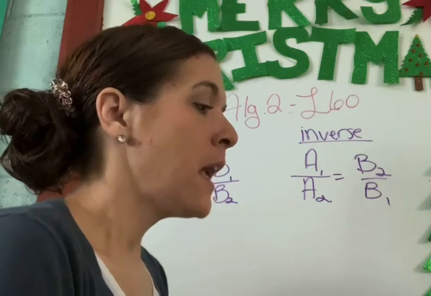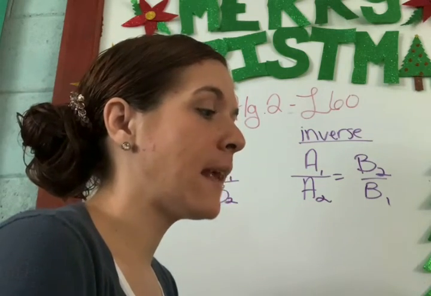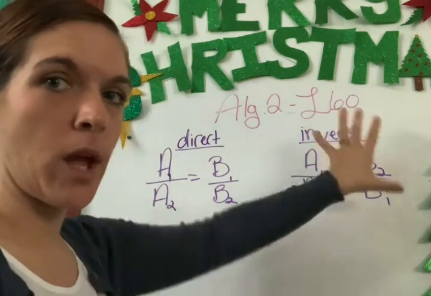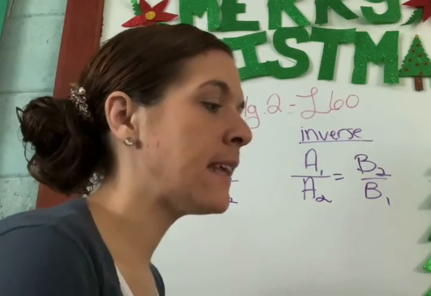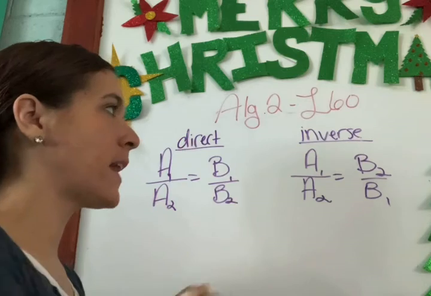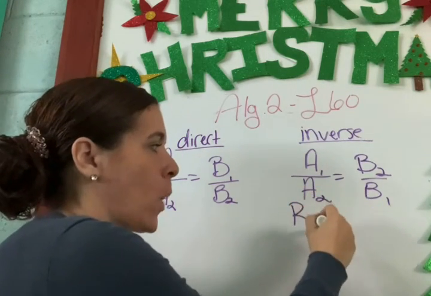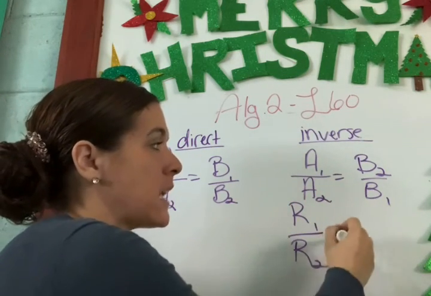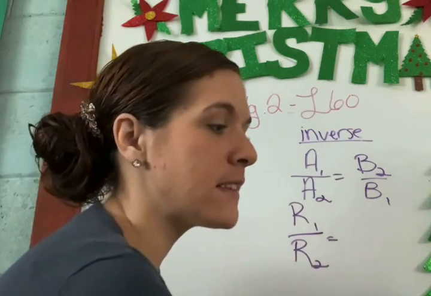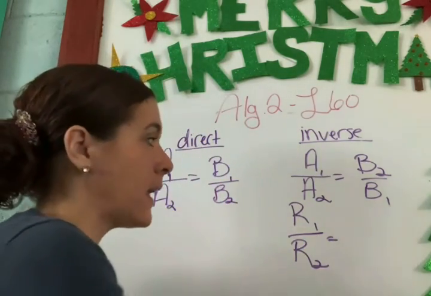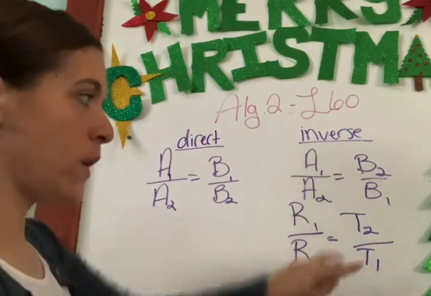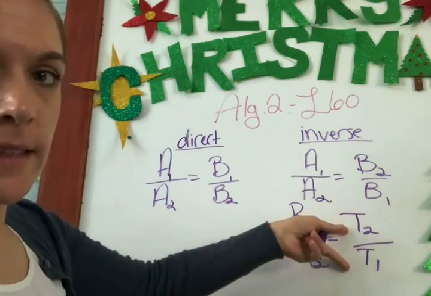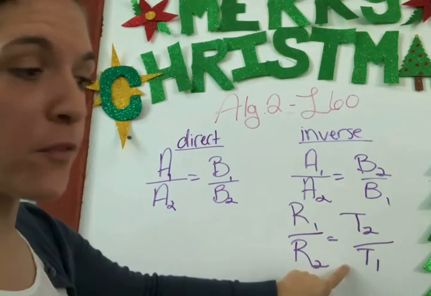Example 2. The number of revolutions per minute varies inversely as the number of teeth in the gear. So let's set it up. We have revolutions per minute, that's R1 over R2 equals the number of teeth, T2 over T1. We flip this: the second T is on top, the first T is on the bottom.